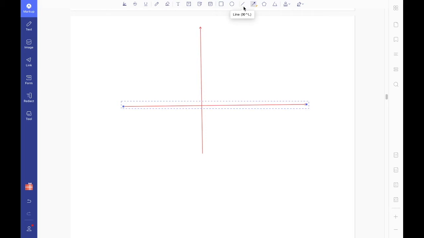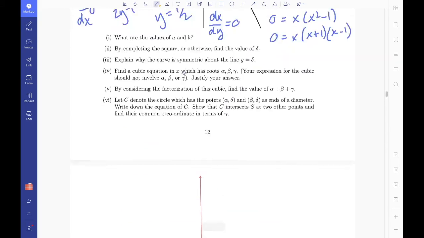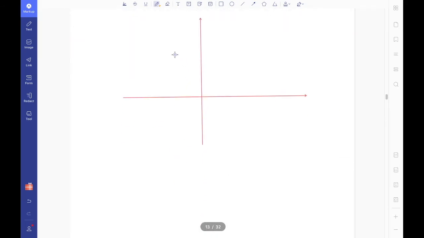I'm going to draw this again down here, so I can draw several lines on here at once. So we've got a curve that looks something like this. Okay, this is just a rough sketch. And then there's a gap, and it does this.